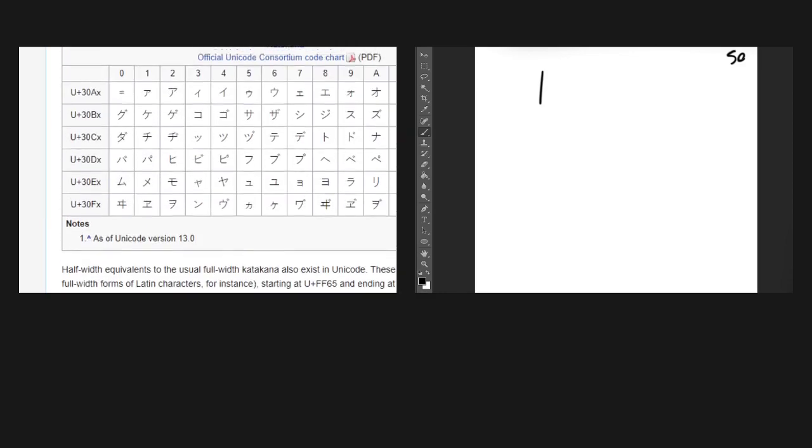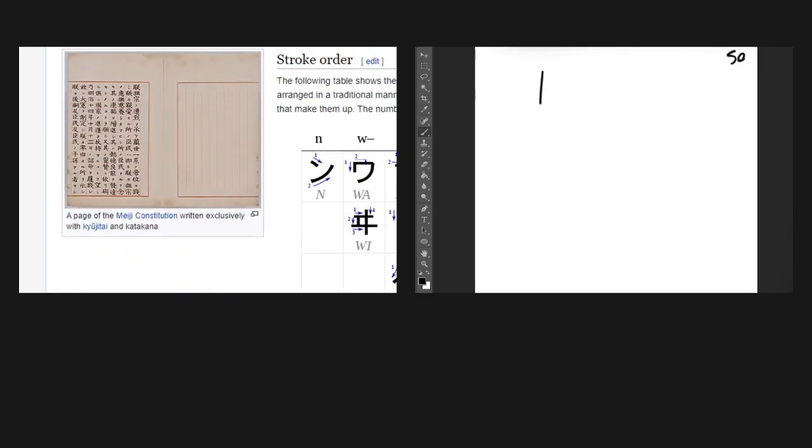All right, and then we have so. Let me get the stroke order of so correct. Checking Wikipedia. What the heck did I do with my stroke order? Oh wait, so this is not so. Wait, what is this? God, this is ro. I'm getting all confused.